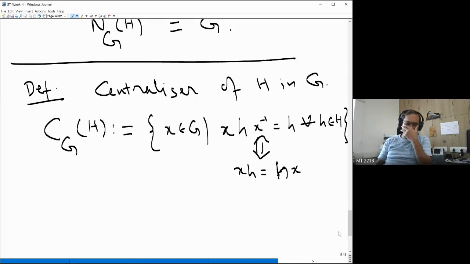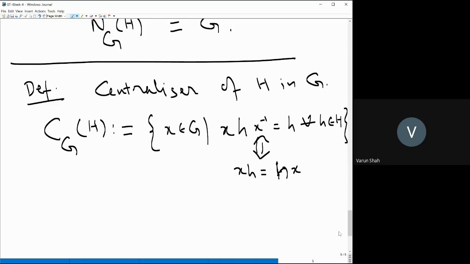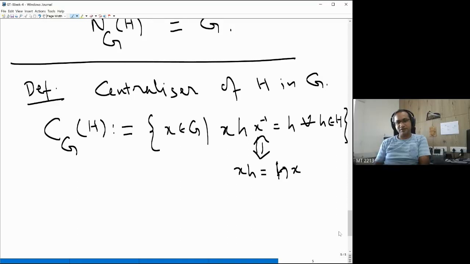So what's the difference between the normalizer definition and the centralizer definition? In the normalizer, your elements can be permuted inside the group. Here, they need to be fixed. So you have to keep this in mind. Often people think that the two definitions are the same, that there is not much difference.